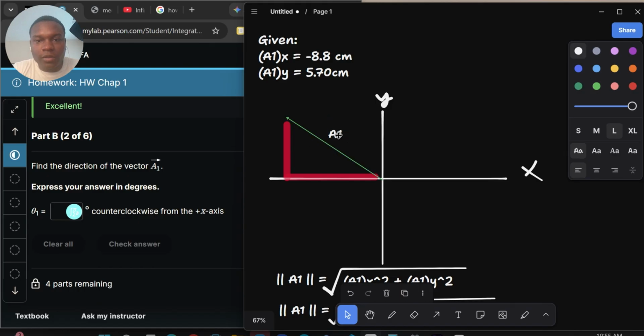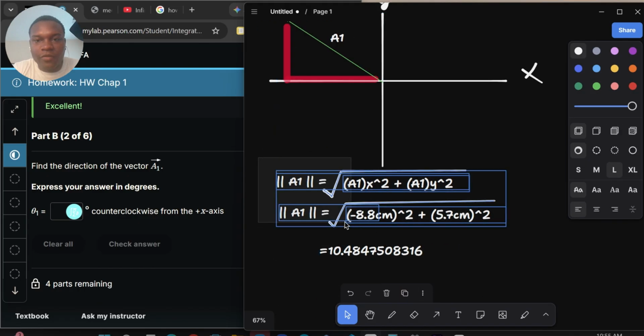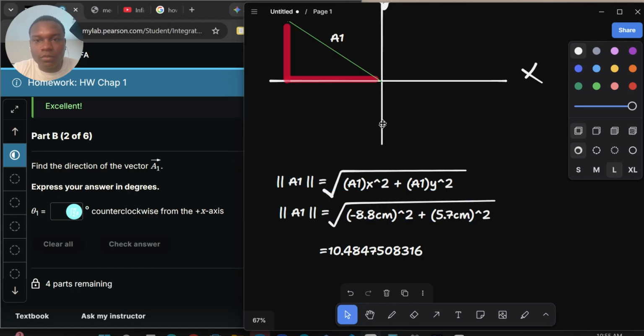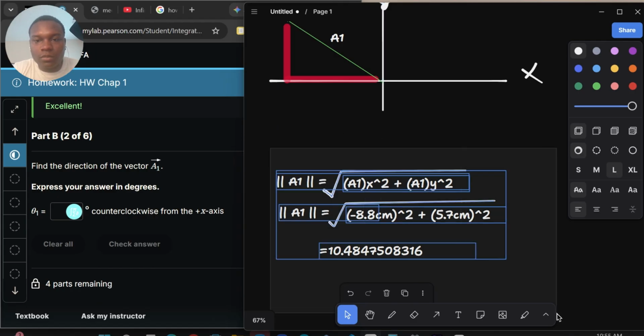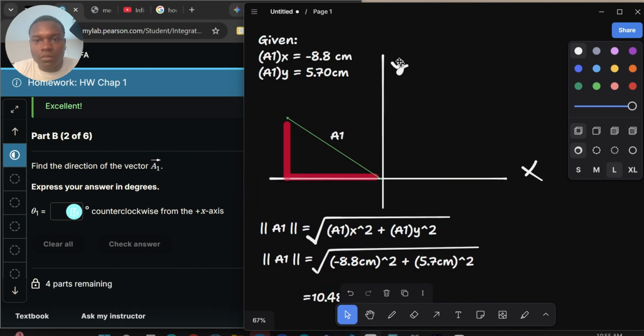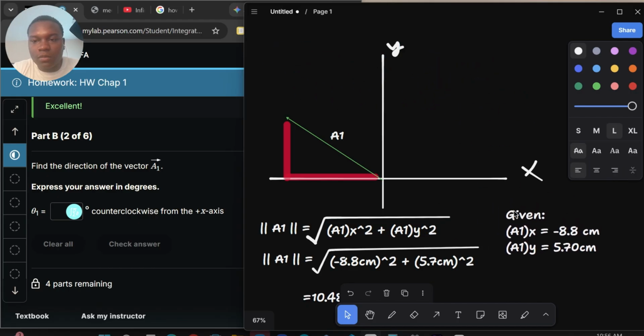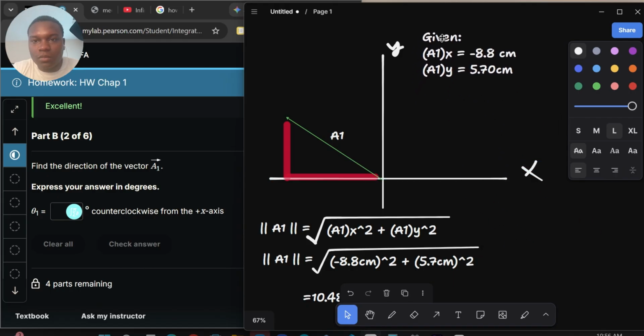That's a good thing that I should know: reassess my variables and do my givens. Now we have a magnitude of 10.48.